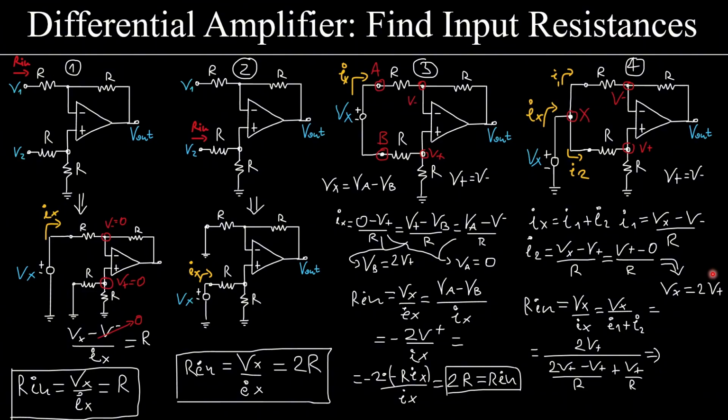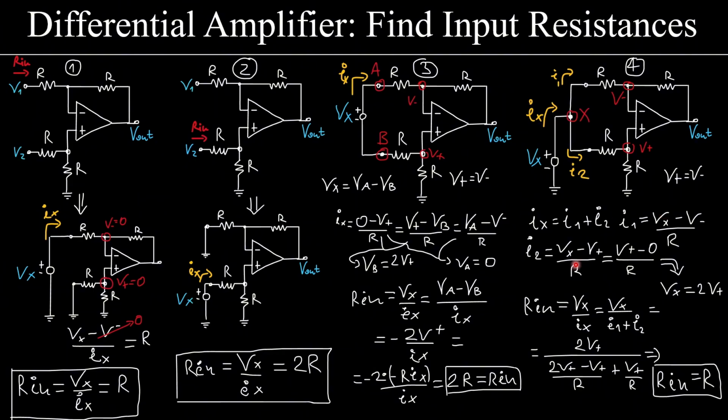How much is Vx? 2V plus. Over R, plus I2. How much is I2? I found it earlier. I'll use this equation here. V plus over R. Note that I put all of my unknowns in relation to a common unknown, V plus. This V plus can be simplified everywhere, and Rin is nothing but R, the resistance R. And that's it, very simply.